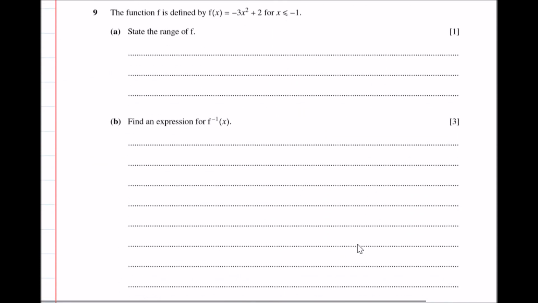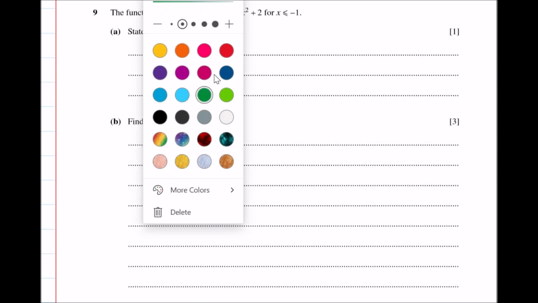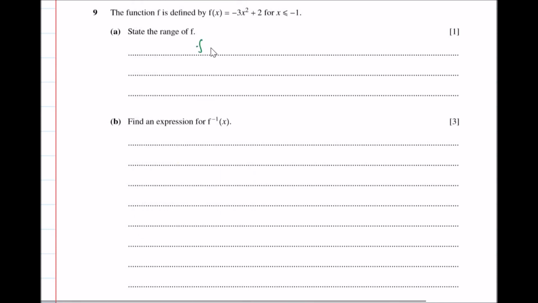Question number 9. The function f is defined by f(x) equal to minus 3x square plus 2 for x less than equal to minus 1. So domain for this function is x less than equal to minus 1. So we have to find the range. Let's find f(minus 1), that is minus 3 into minus 1 square plus 2, and if you calculate we get minus 1.